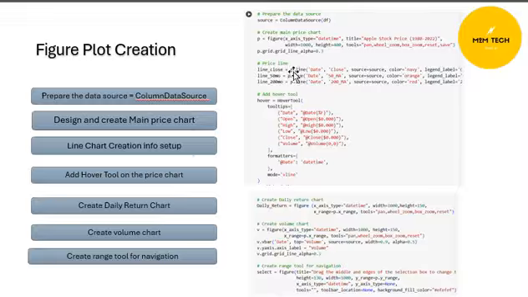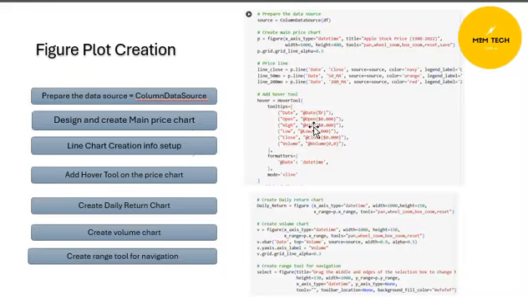And I use the line chart. So there are three lines: one for close price, and the other two for the 50-day moving average and the 200-day moving average. So the date and the close, 50 and 200 moving average.